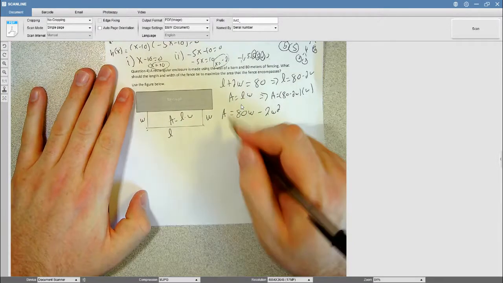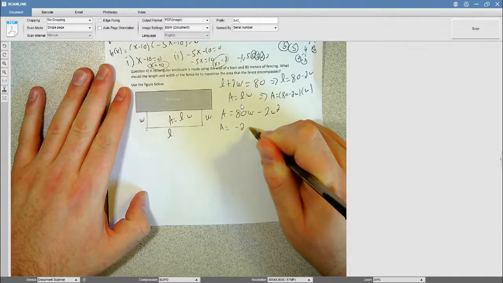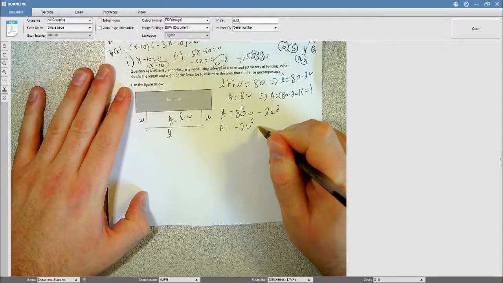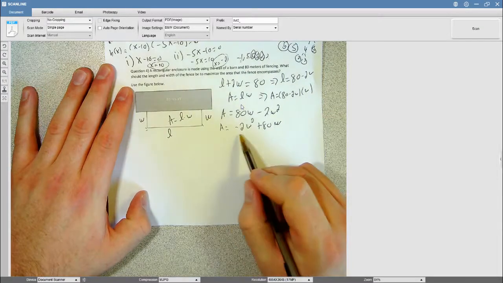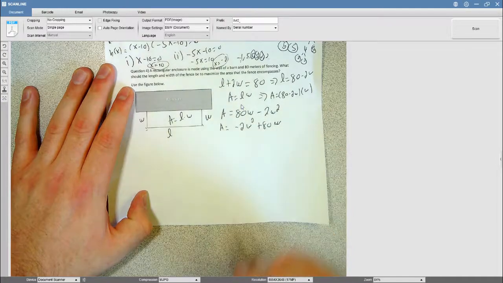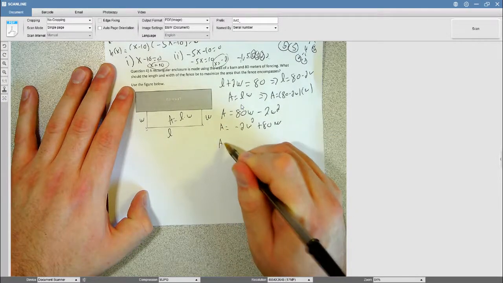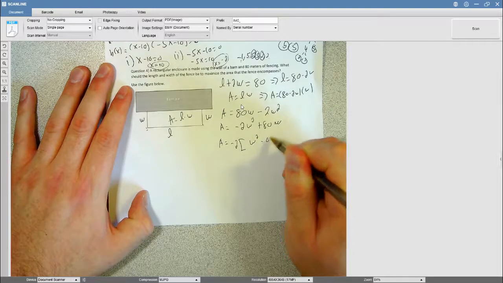So let me rewrite this one more time. So I get minus 2w squared plus 80w. And let's factor out a negative 2. So we get w squared minus 40w.